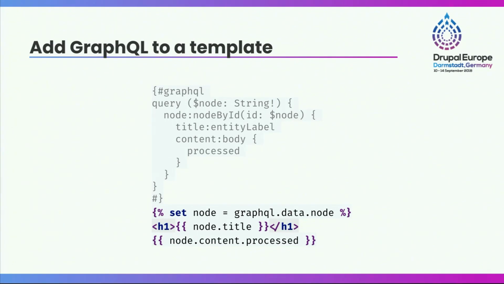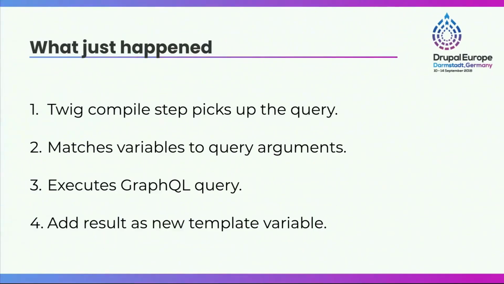That is, in this case, an entity, but that's some little magic that it's transformed into an ID. And then you can use it to pass it into the node by ID function and just pull out any information that you want. So that's the query matching. Then it executes the query and just adds the variable to the Twig variables, and then you can use it. So there's not much more happening.